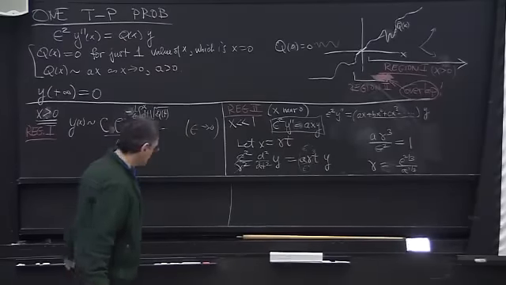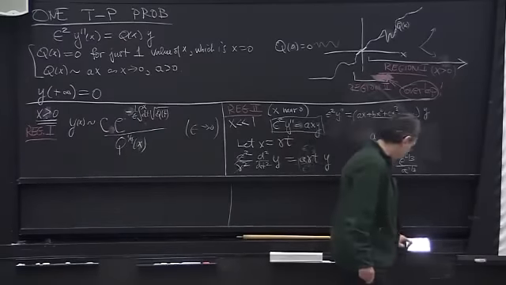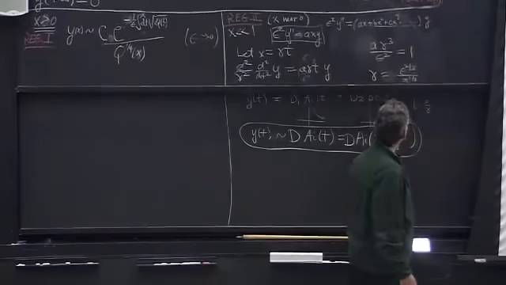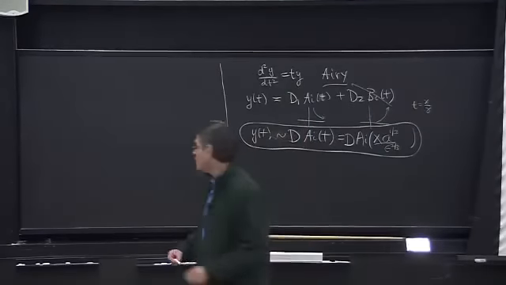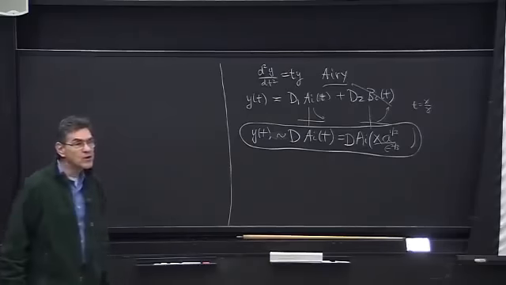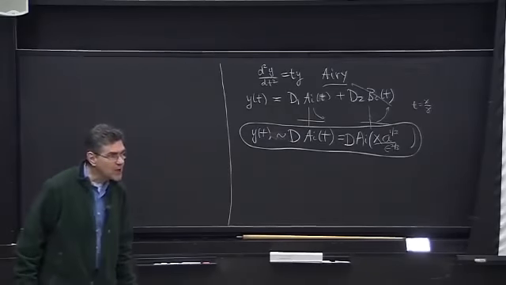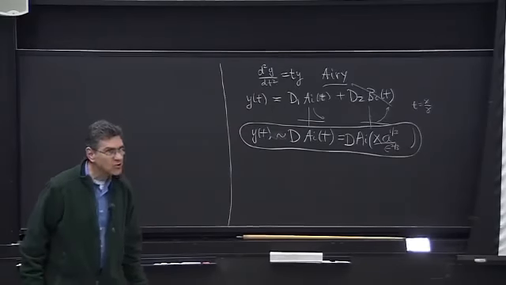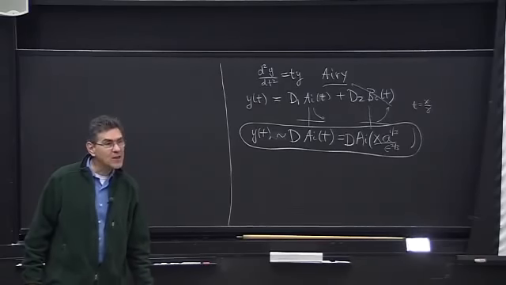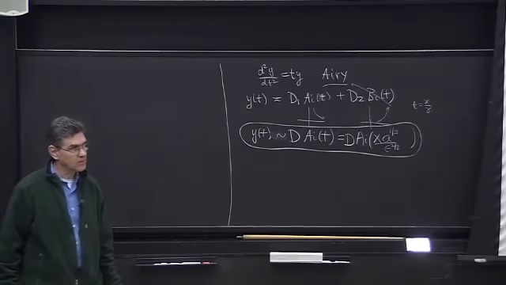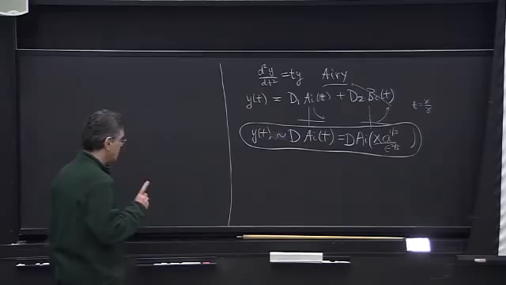But they don't look the same. So what we're going to do is amazing. We're going to construct an asymptotic approximation to an asymptotic approximation, which is valid in the overlap region.